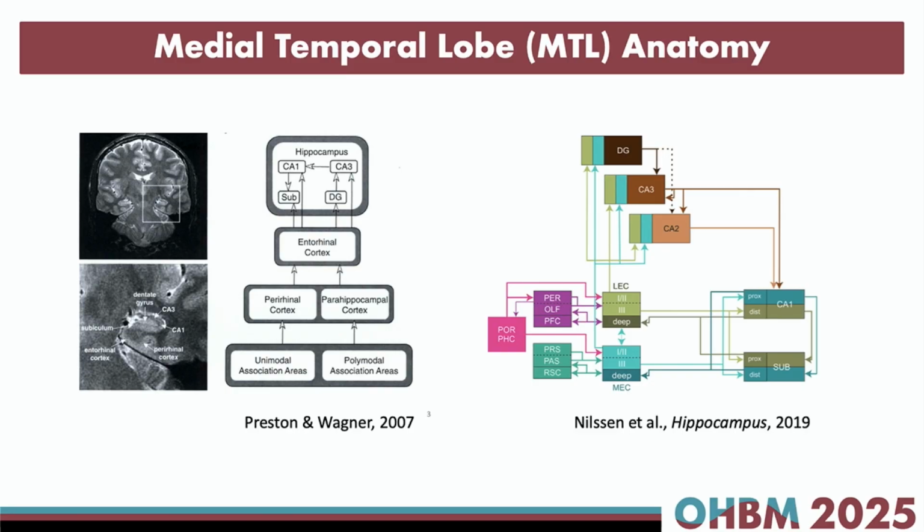We have also come to appreciate that the different layers within the different cortical regions have specific projections into different layers of the hippocampal subfields. So it's much more complicated than the diagram on the left, which just shows this one circuit. When you look at the layers, you can see specific inputs to specific layers in the hippocampus, and then from different layers of the hippocampus out to different layers of the MTL cortex. So, a very fine-grained structure.